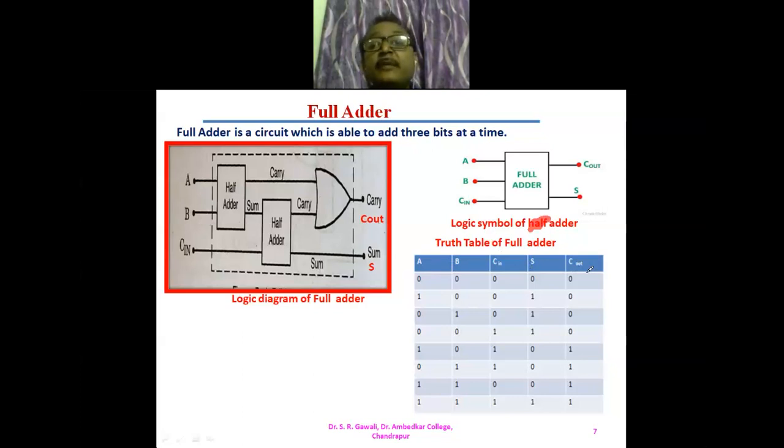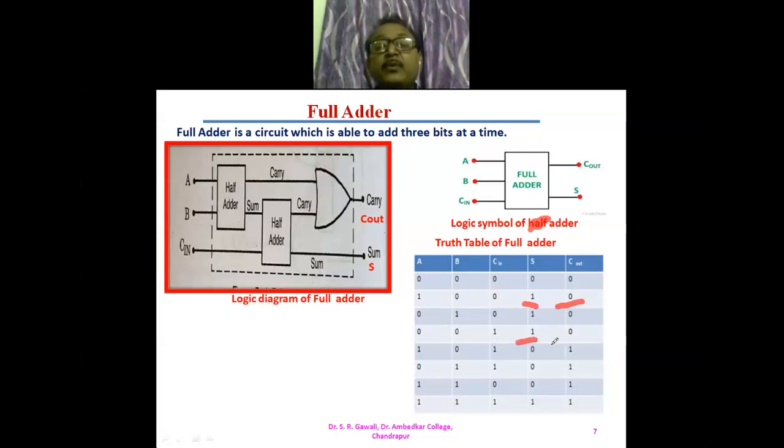So the truth table of the full adder is here. For 0, 0, 0, we get sum as 0 and carry as 0. When 1, 0, 0, we get the sum as 1 and the carry as 0. Then for 0, 1, 0, we get the sum as 1 and carry 0. When we get 0, 0, 1, we get sum as 1 and carry as 0.